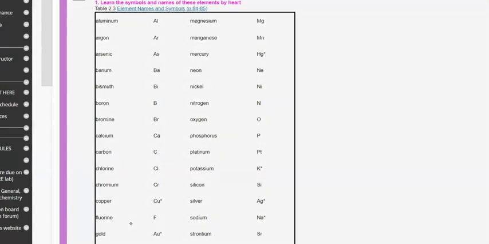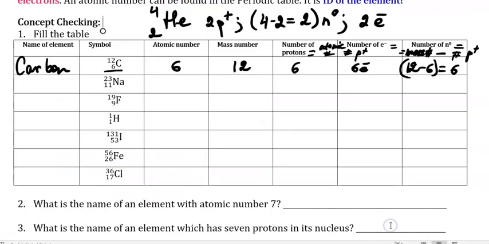So you're going to write it down here, sodium. Atomic number, and as we agreed, the smaller number is atomic number, so atomic number is 11.